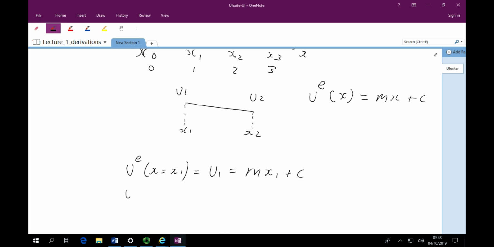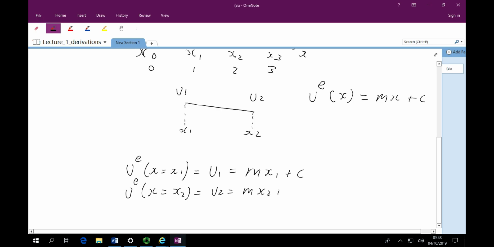We can do exactly the same thing at x equal to x2, and that gives us u2 equals m x2 plus c. So essentially you now have two simultaneous equations where the unknown values are m and c. And the idea is we want to solve in order to get m and c, which gives us this straight line.